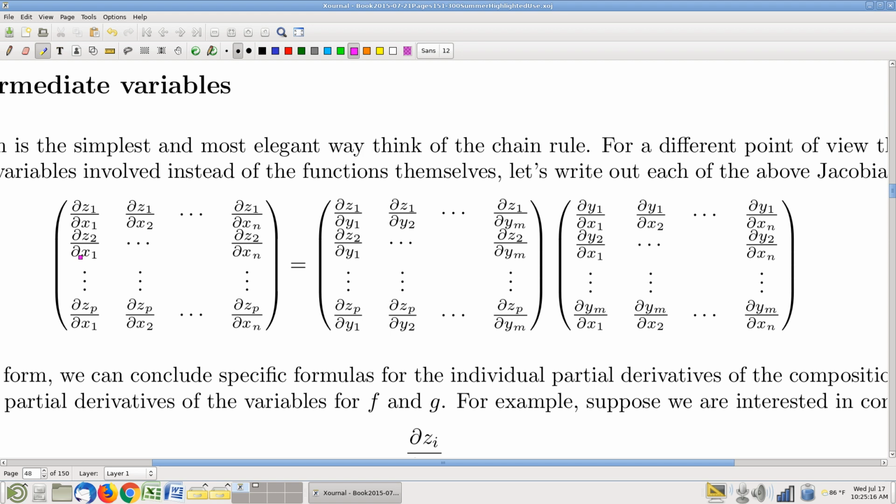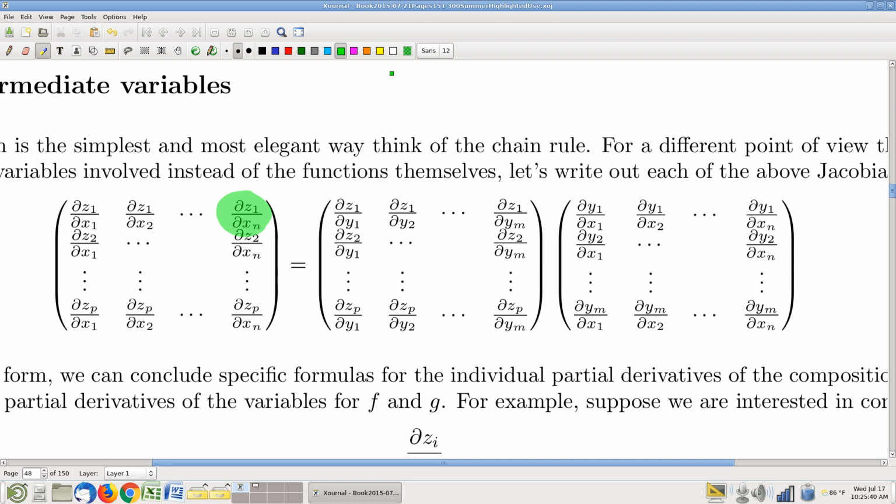Okay. And let's think about how this is a matrix product. And let's look individually at some element of this matrix product, and it doesn't really matter which one we're going to look at. I guess I'll look at that one there. Whatever. How do we compute an individual element of a matrix product? Well, row dot column.